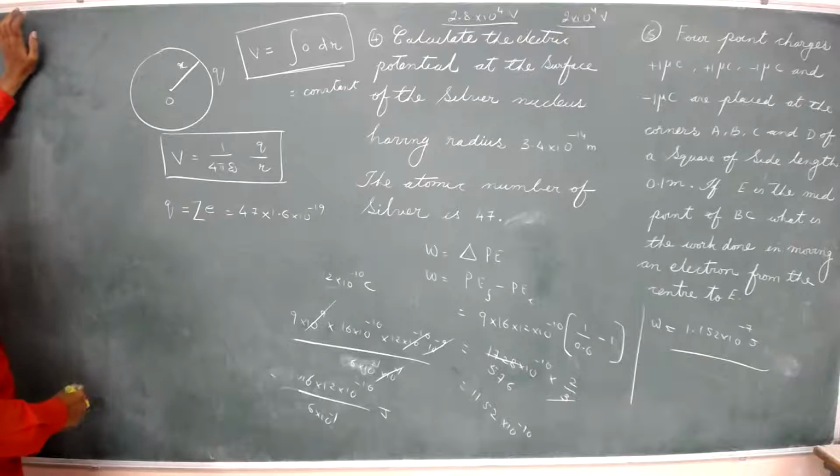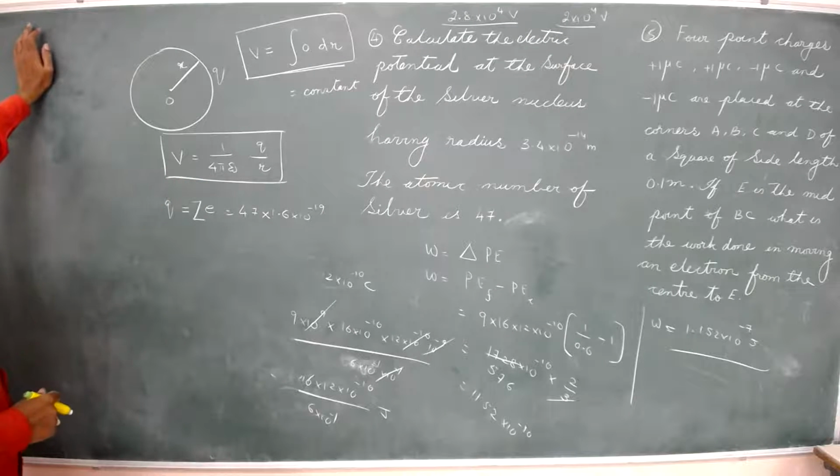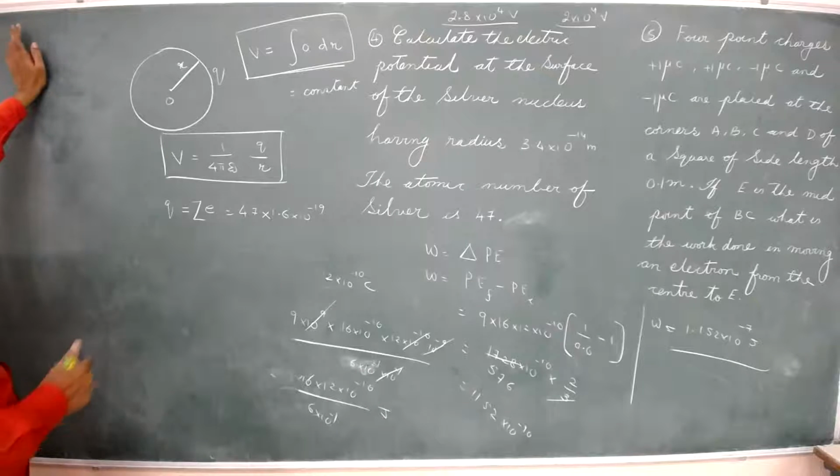Now, what will be the potential over here? The nucleus radius has also been given, which is 3.4 into 10 power minus 14.